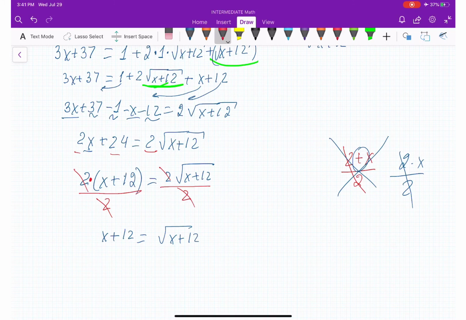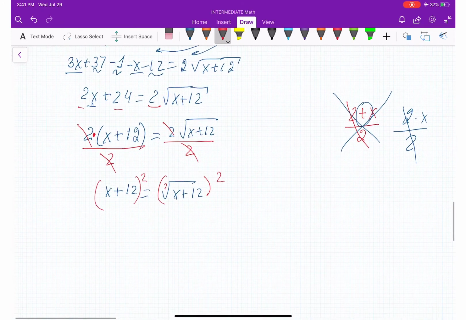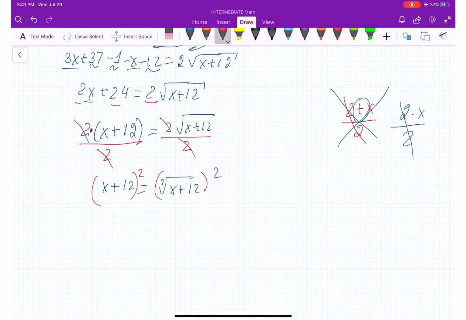Okay, raising to power 2 again, because here we have 2, which means accordingly raising this one to also x plus 12. What do we get? So x squared plus 2ab, 2 times x times 12, and then plus b squared, which is going to be 12 squared. And that is equal, clean x plus 12 come out.